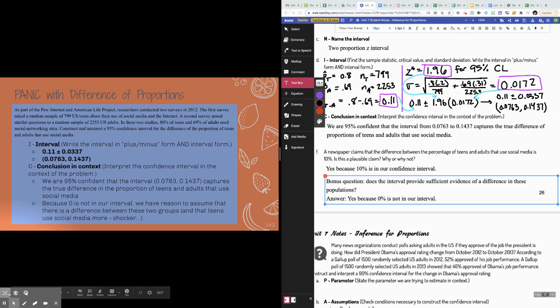I know you're all very shocked by this, right? But I kind of wrote that out for you right here. Okay, because 0 is not in the interval, we have reason to assume that there is, in fact, a difference between these two groups, okay, right? And because all of the values in the interval are positive, right? You did teens minus adults, right? So teens use social media more than adults, right?